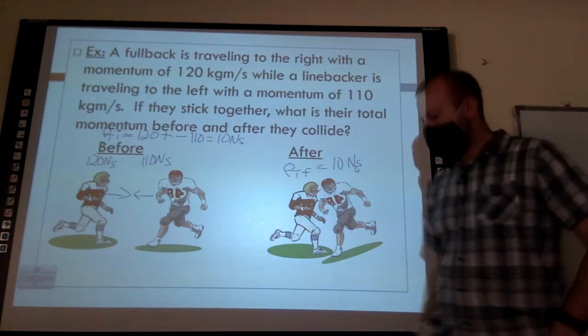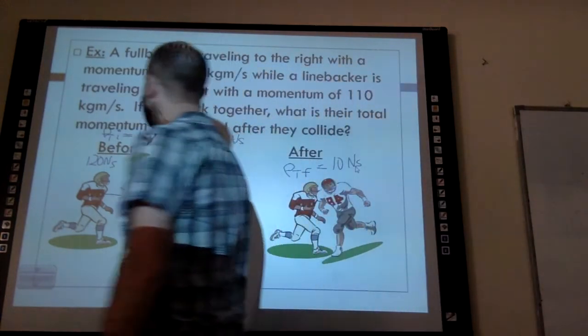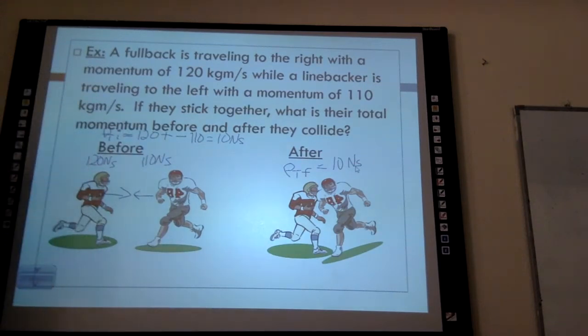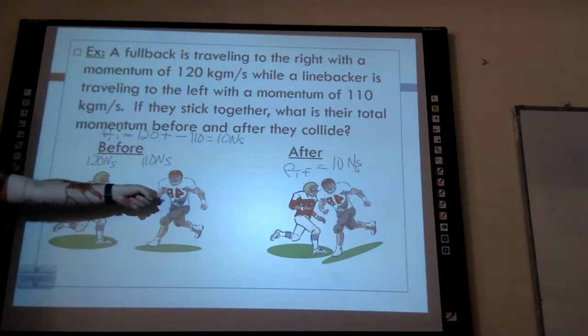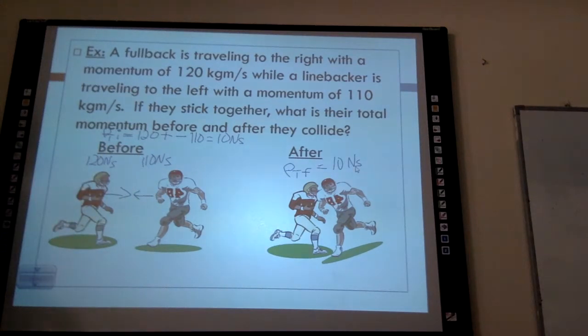So let's think about this logically, because there's no equation that I've given you yet to solve this. If this guy has more momentum than this guy, he's going to push more this way. It's the same thing if you are going to tackle your younger sibling just for fun. You're going to have more momentum than them running at you, so you're going to plow them over. It's often why the older sibling gets into more trouble than the younger sibling.